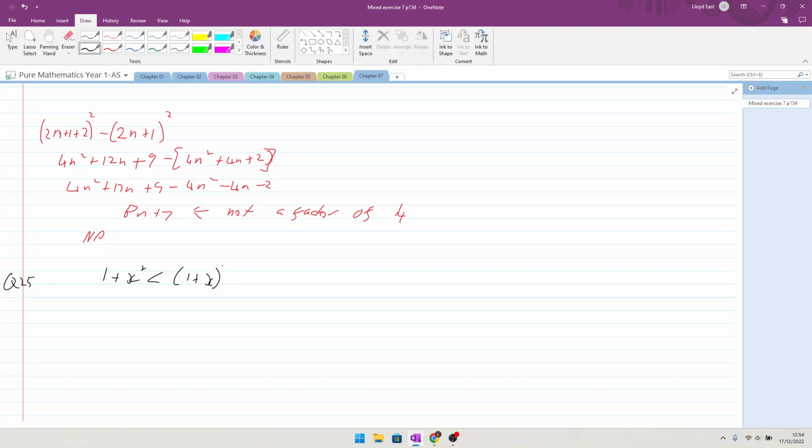Okay, and so the student has written 1 plus x in brackets squared is equal to, multiplying out the bracket, 1 plus 2x plus x squared, and then they've written, so 1 plus x squared is less than 1 plus 2x plus x squared. Find the error they have made in their proof.